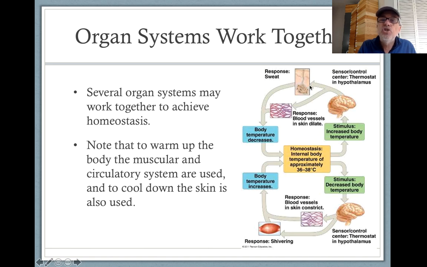Response, sweat. That is a cooling process. Response, dilate vessels in the skin to get more heat emanating from the skin. What about decreased body temperature? Contract blood vessels in the skin so you don't lose heat. Keep that heat internally. Shiver. Those are multi-organ system negative feedback loops that maintain homeostasis.